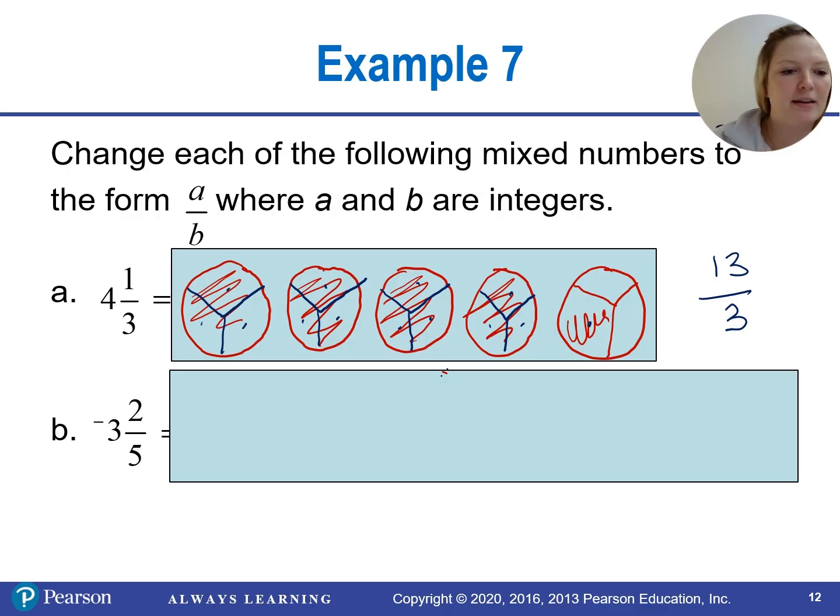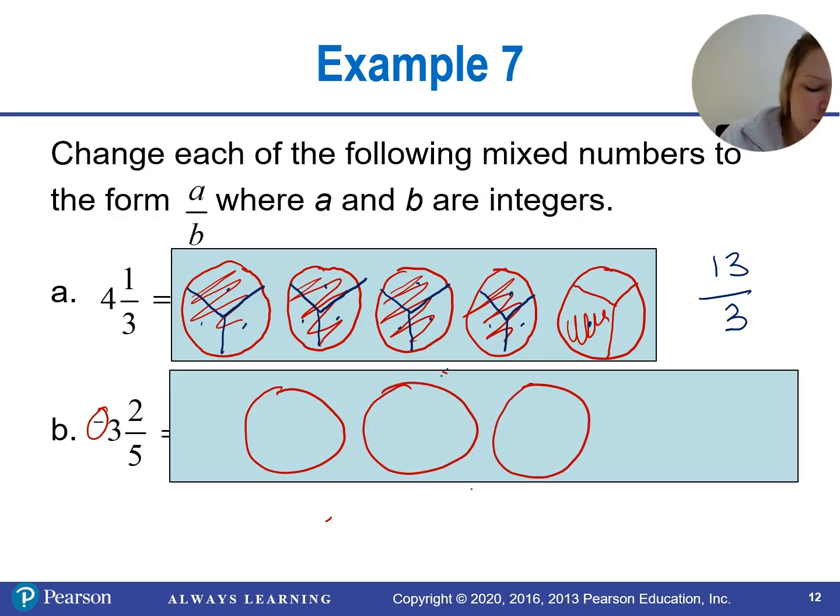Similarly, with negative 3 2/5, I can forget about my negative for a moment and instead just think of 3 wholes, and if I could split this into fifths, and 2/5.